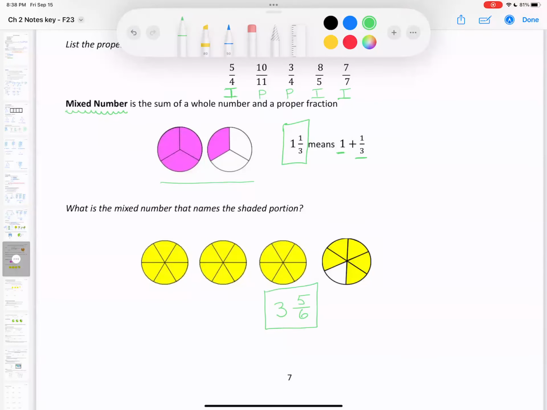Another way we could write that is that we have 23/6. So each of our pieces is 1/6 of a pizza, and we have 23 of those shaded pieces. And so this is an improper fraction that would represent the same amount as the mixed number we came up with of 3 and 5/6.